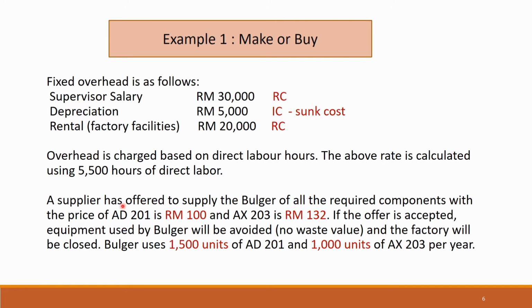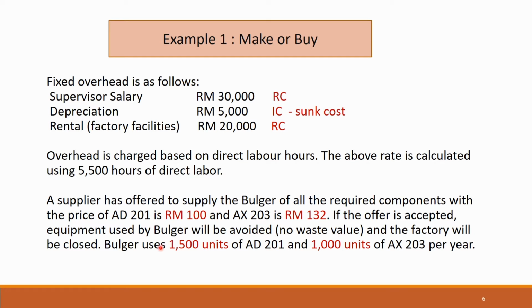A supplier has offered to supply the builder all the required components, with the price of AD201 at RM100 and AX203 at RM132. If the offer is accepted, equipment used by the builder will be avoided, no waste value, and the factory will be closed.